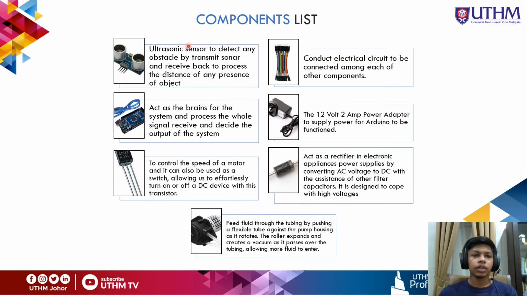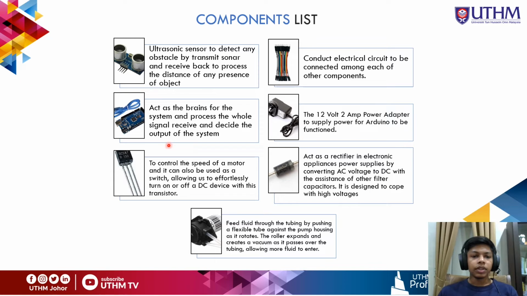For the component list, we have 7 components. The first component is the ultrasonic sensor, whose function is to detect any obstacle by transmitting sonar and receiving it back to process the distance of any presence of an object. Next, the second component is the jumper wire, to conduct the electrical circuit connecting the other components.